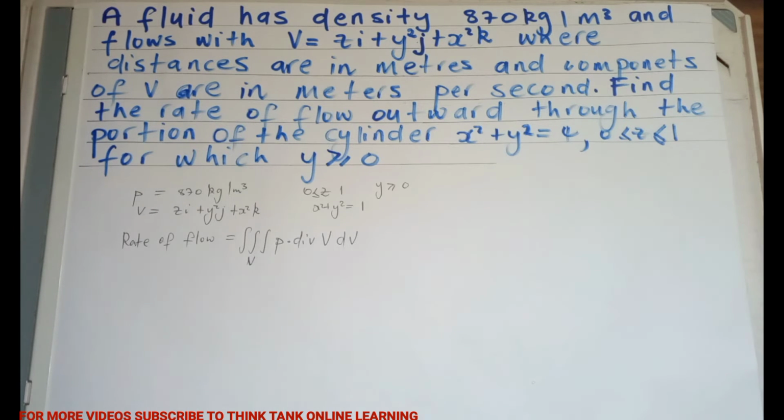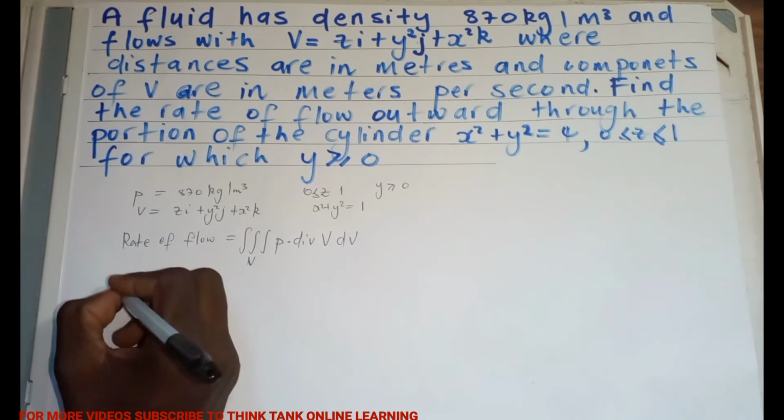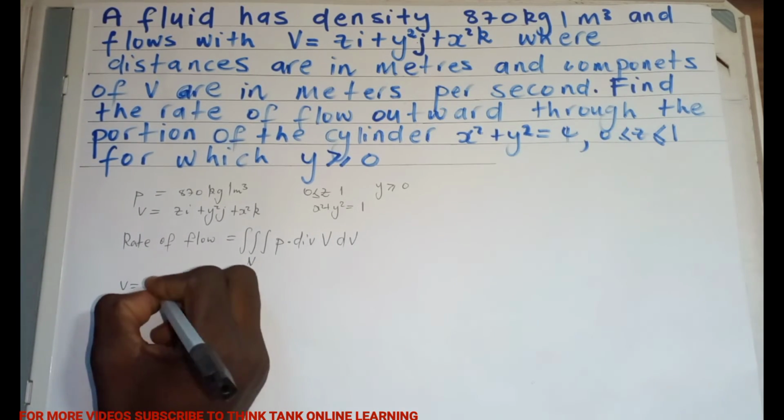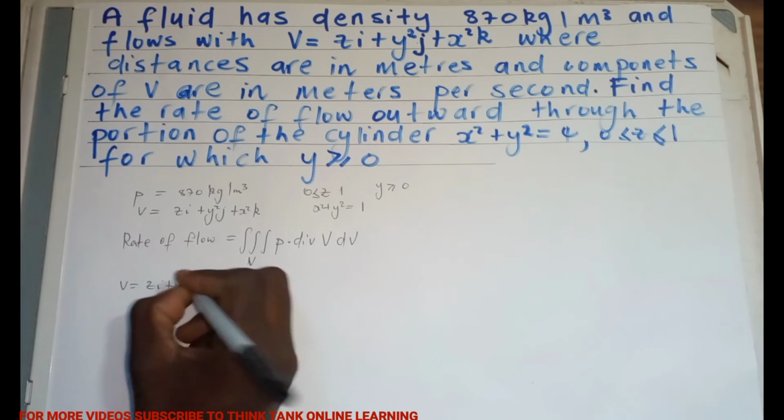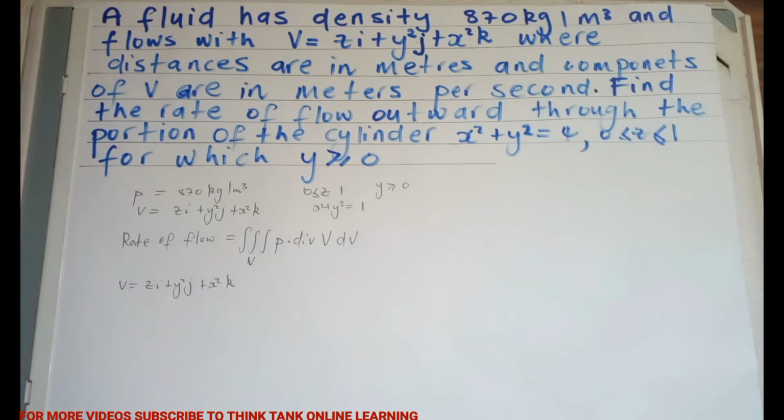So what is our vector function? Our vector function v is equal to c i plus y squared j plus x squared k. And what is the divergence?